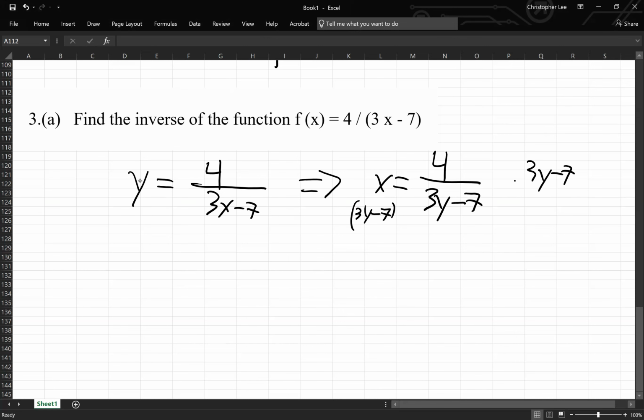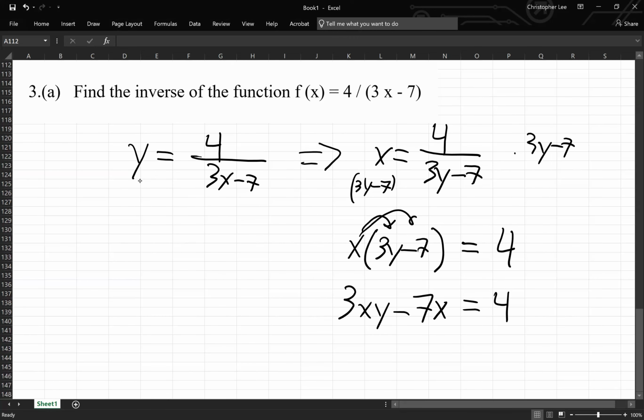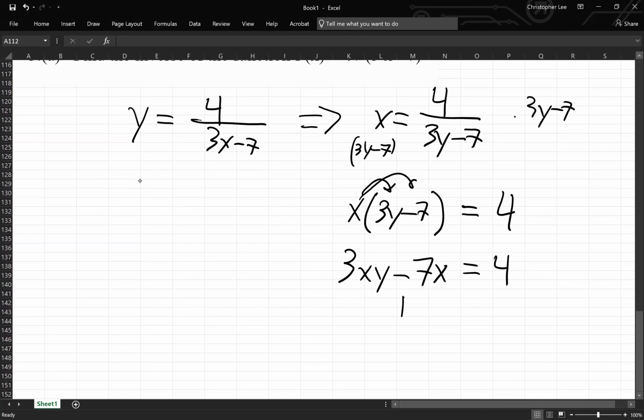All right. So what do I have? I have x times 3y minus 7 is equal to 4, right? Sorry, I don't know why it's not drawing. Distribute that x. I have 3xy minus 7x is equal to 4, right? And then now, solve for y. I'm going to add 7x over here.